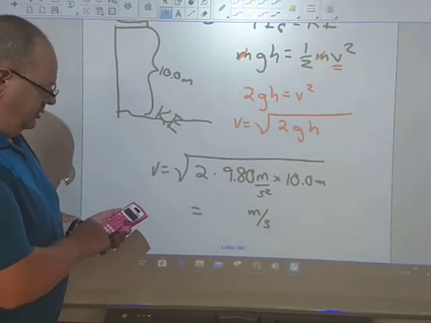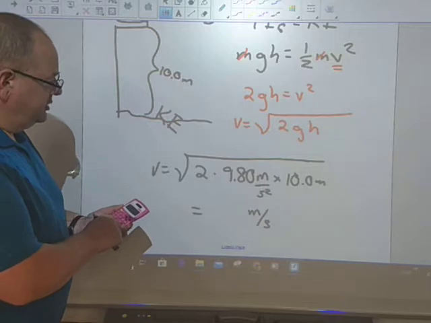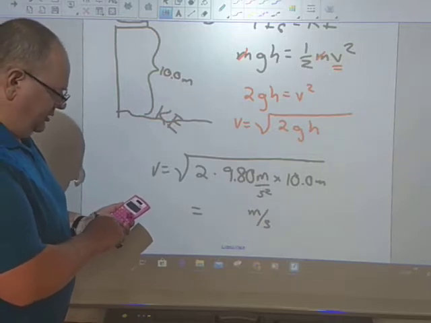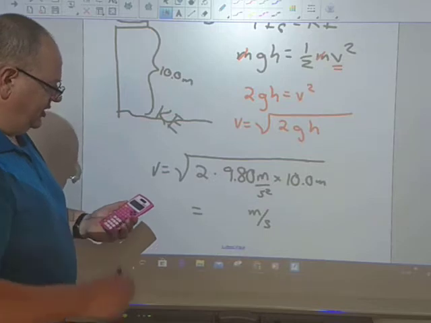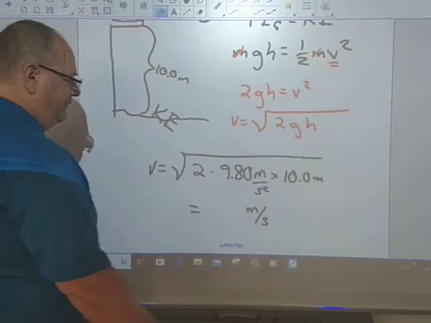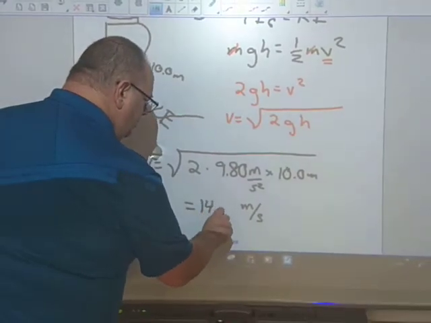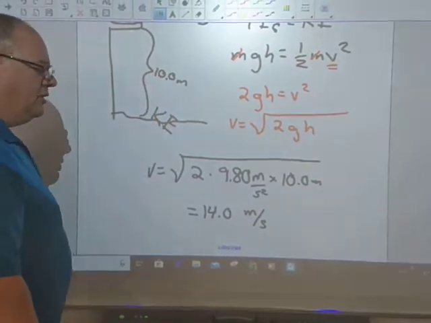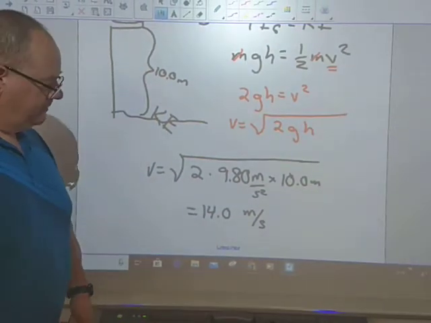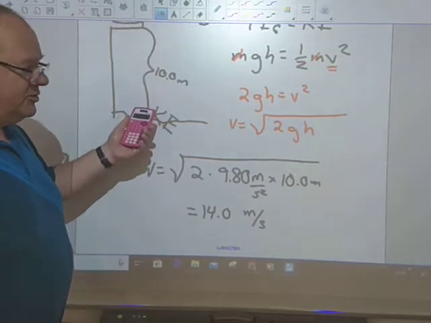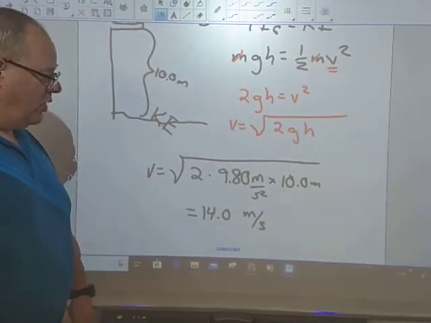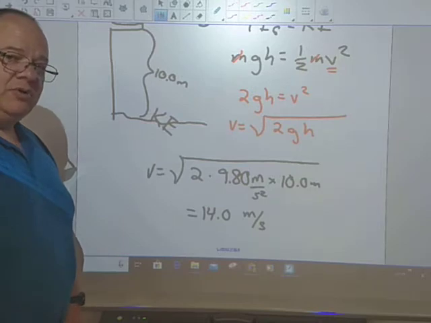Square root of 2 times 9.8 times 10, close my parenthesis, equals 14. So I'll write 14.0 meters per second. I'm going to hit the water going 14.0 meters per second.